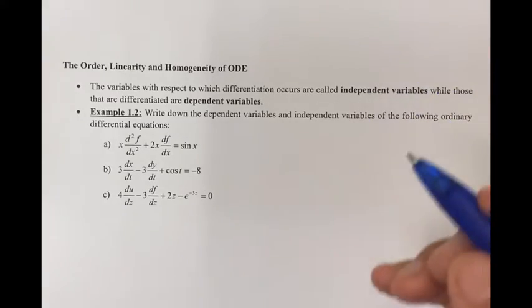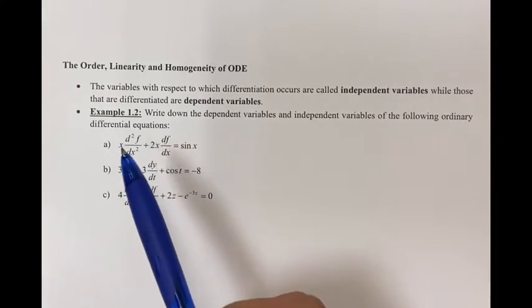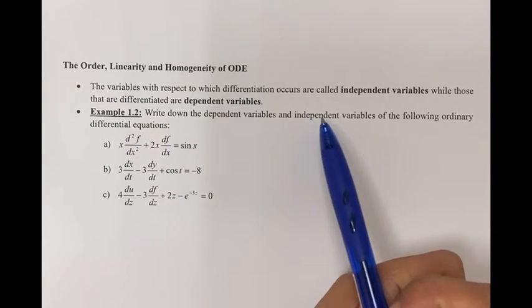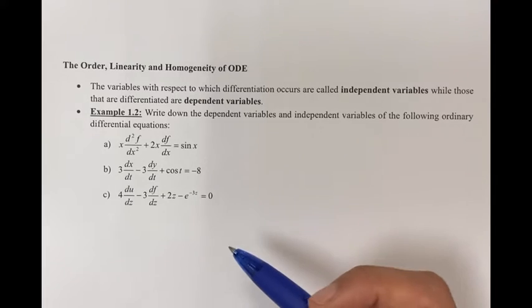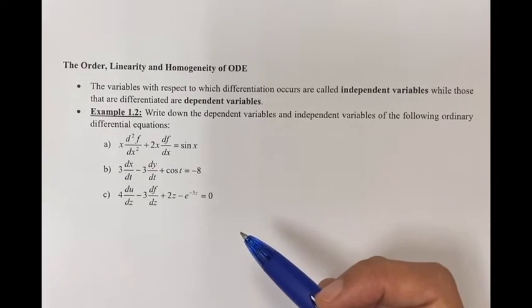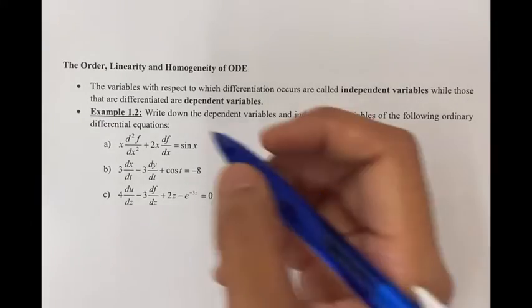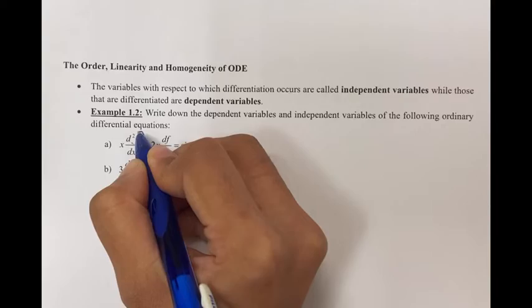Okay, let's see this example 1.2 here. Write down the dependent variables and independent variables of the following ordinary differential equations. So A, you have x d square f over dx square plus 2x df over dx equal to sine x.